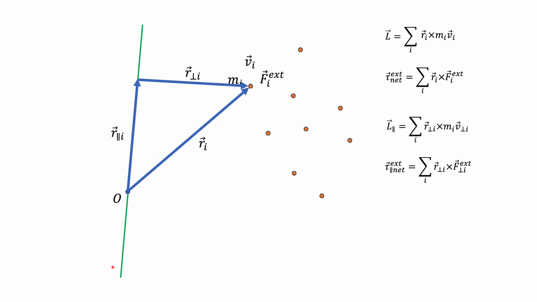When we talk about angular momentum and torque with respect to some axis, really we have only two directions. Like right here, we can see direction up along the axis or down along the axis. And when we have such a binary system, we don't really need to know that angular momentum and torque are vectors. We have only two choices.